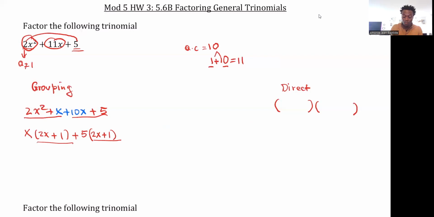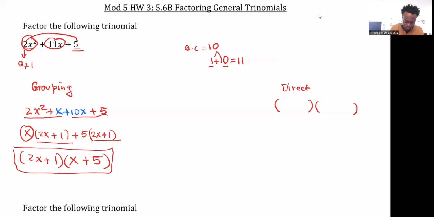So the part in parentheses, we can factor it out, 2x plus 1, open another pair of parentheses. The remaining coefficients of each factor are put in another set of parentheses by themselves, and that is my factored expression. So that's how you factor this expression by grouping.